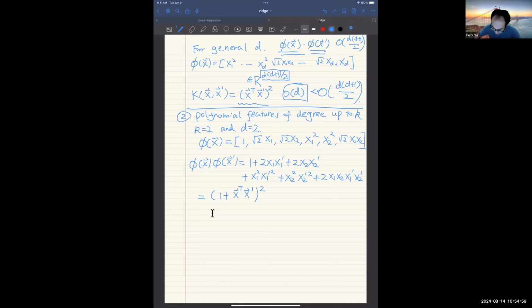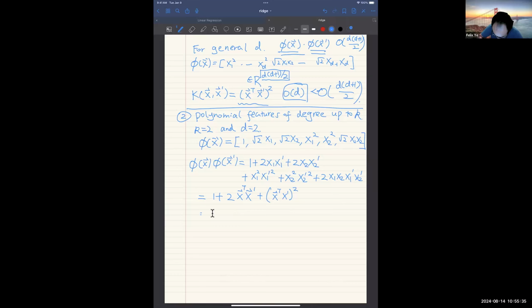You can simply expand it out and find out this is actually true. Let me quickly derive that, I think that's not a bad idea. So this is 1 plus 2 x transpose x prime plus x transpose x prime squared.